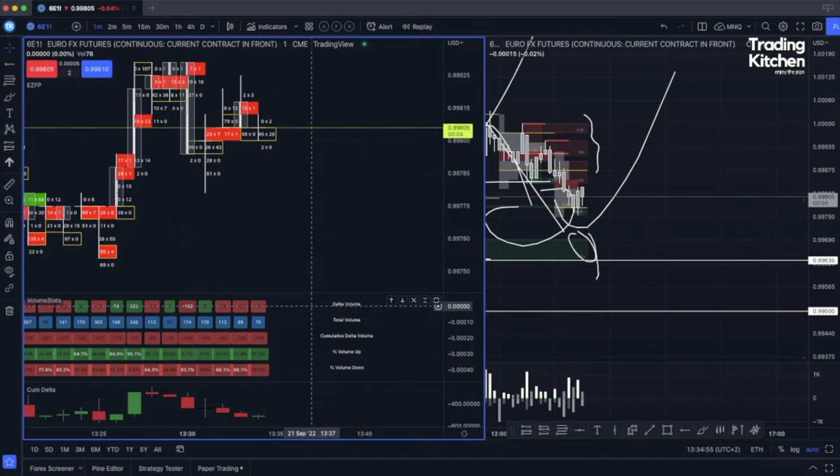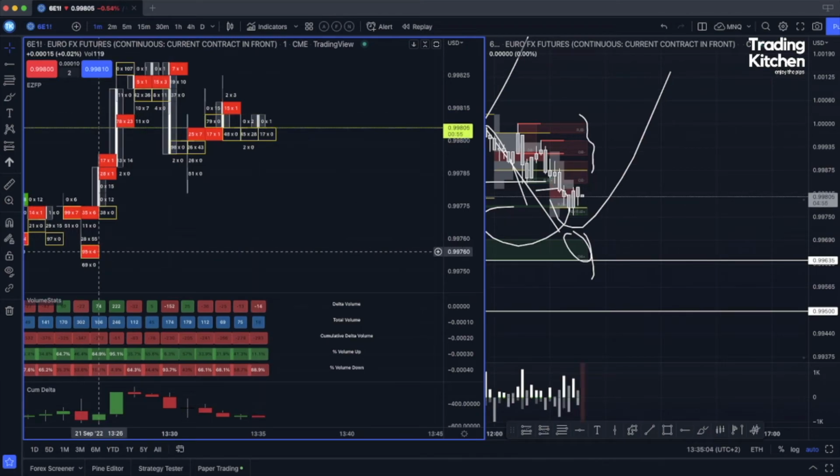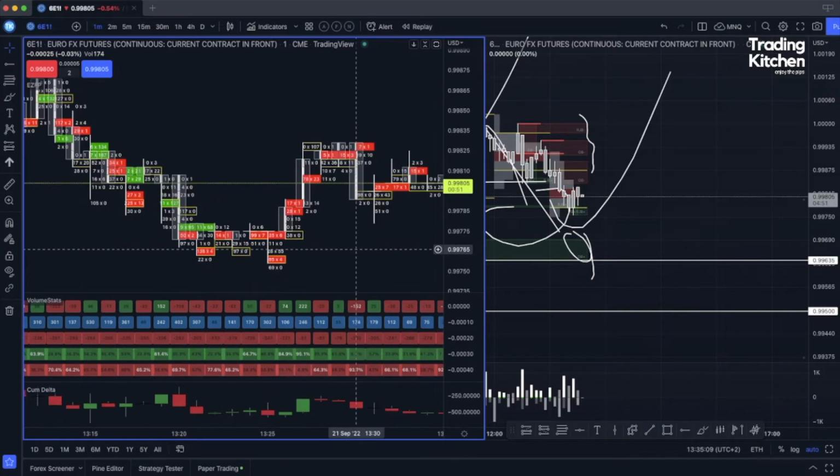So when I see price reaching an important level, like Asian session, like liquidity pool, something like that, I just want to see a strong movement.